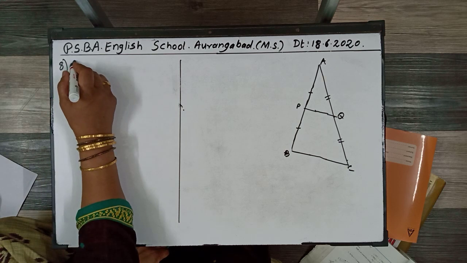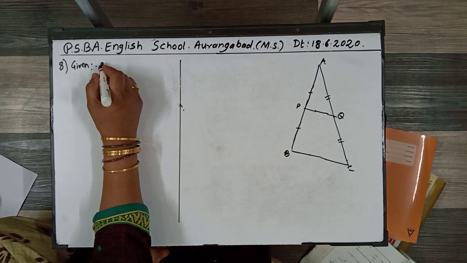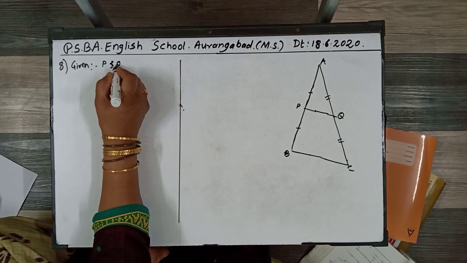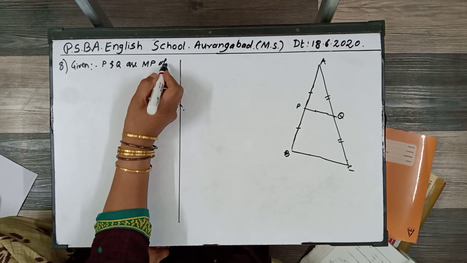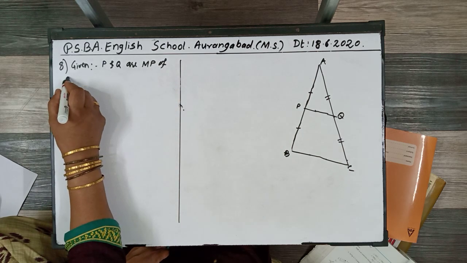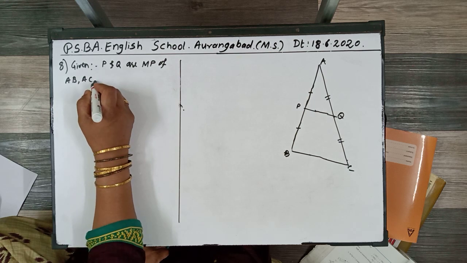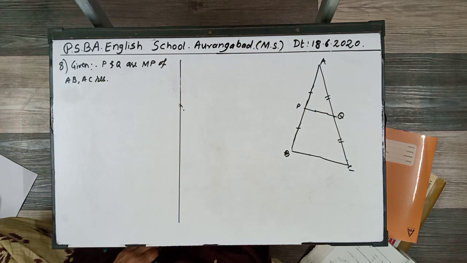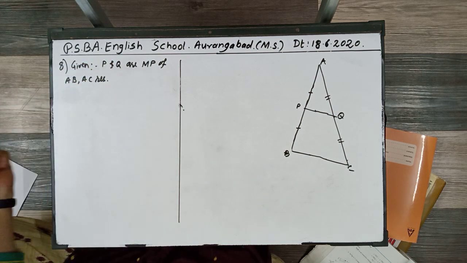So here we are going to write, given: P and Q are the midpoints of AB and AC respectively. Respectively means as per given, so P will be the midpoint of AB and Q will be the midpoint of AC.